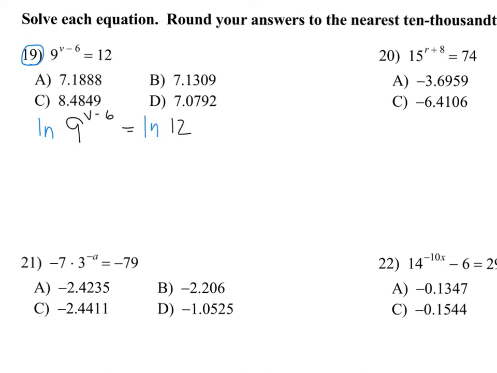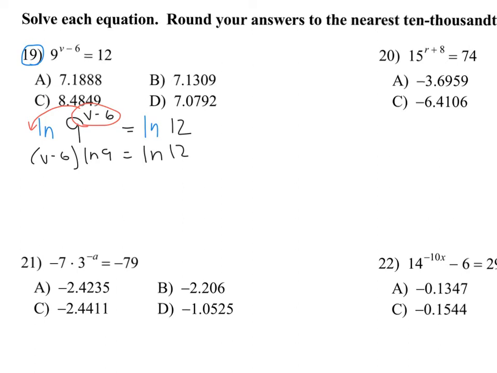So I'm doing the same thing to both sides, and then I'm going to use my power property. That's going to allow me to rewrite the exponent as multiplication times the log. So I have v minus 6 times natural log of 9 equals natural log of 12.